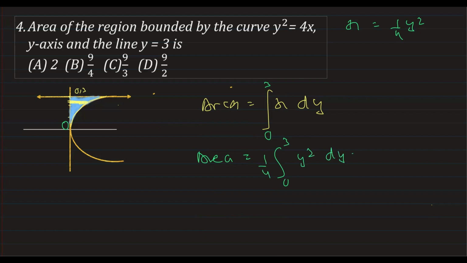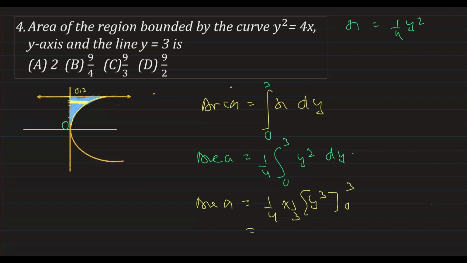Now this is 1 over 4, y square integration is y raised to the power 3 divided by 3. So I'll write it here, and the limit is 0 to 3.